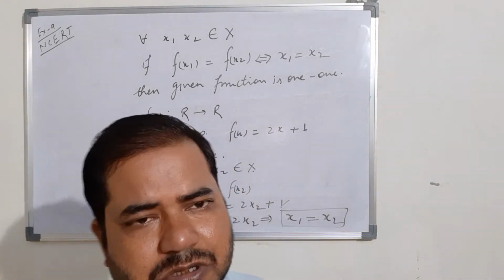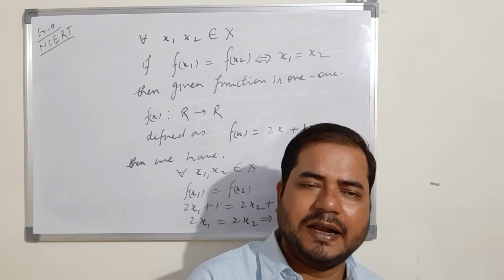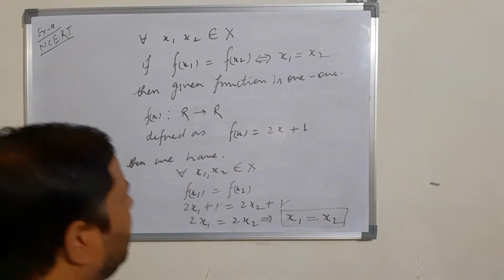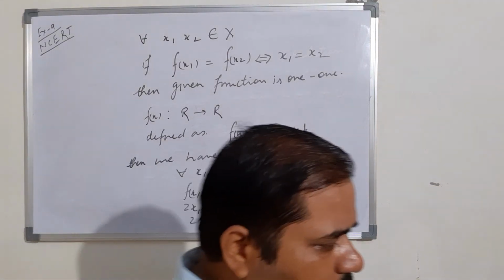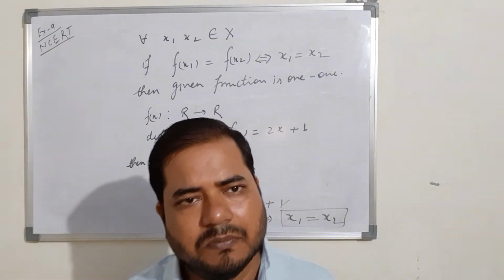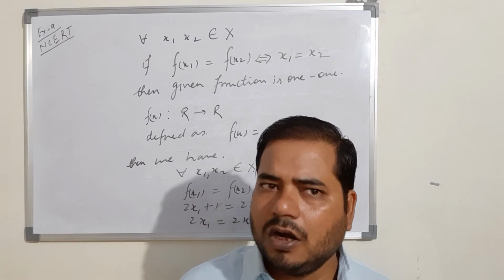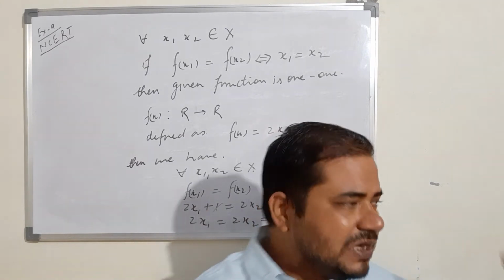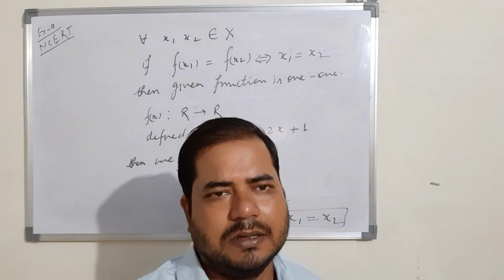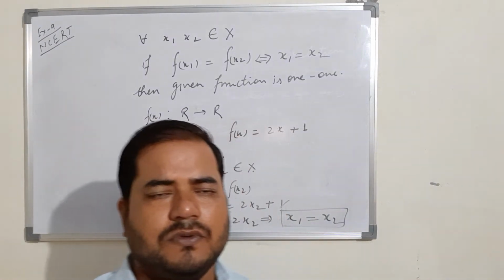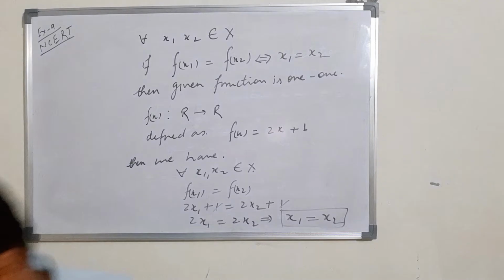But Z here is only positive integers. So maybe some element in real numbers whose image is not a positive integer. That's why if we change the set, then it is not a one-one function. Okay. Similarly, next we see onto function.